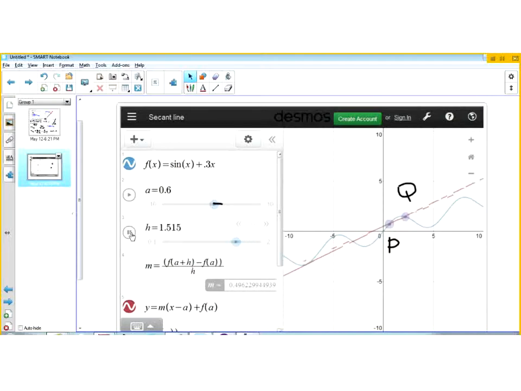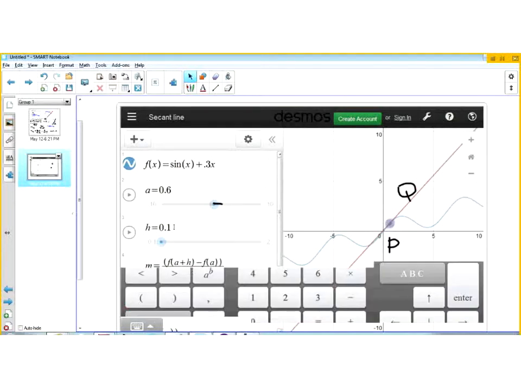Watch what happens to the red line. Again, the abscissa of Q is walking along the blue graph toward the abscissa of P. See the 2 points Q and P are getting closer and closer together until they merge into 1 point. So let's make it merge to 1 point.